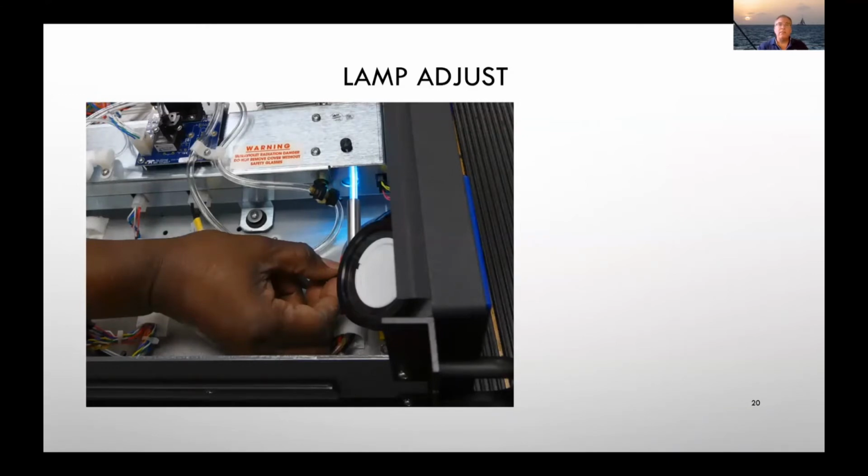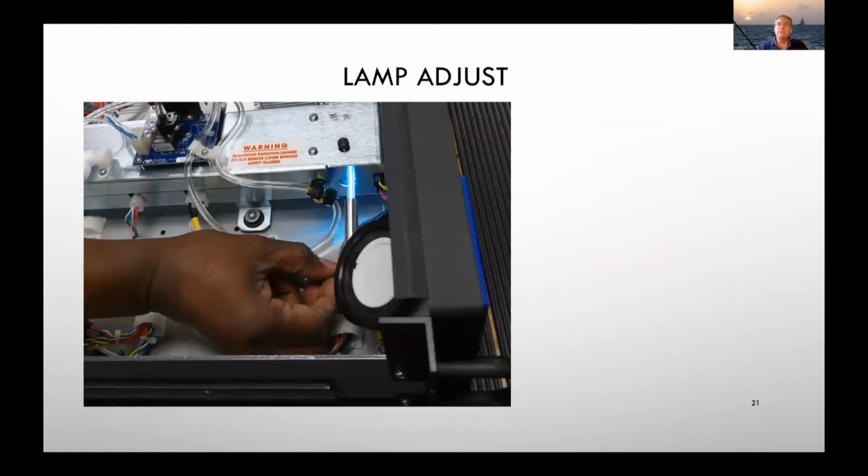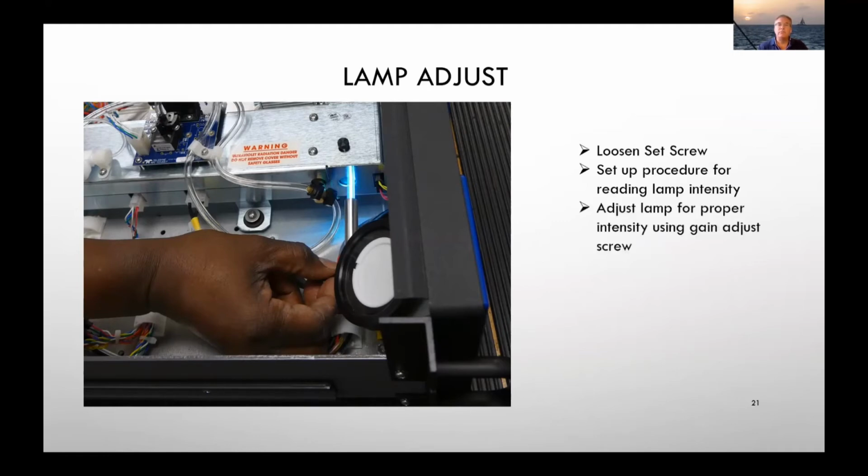To do a lamp adjustment, you need to loosen the set screw. There is an adjustment pot. You need to enter the setup procedure for reading the lamp intensity, and there's a whole section on this in the Teledyne T400 manual.